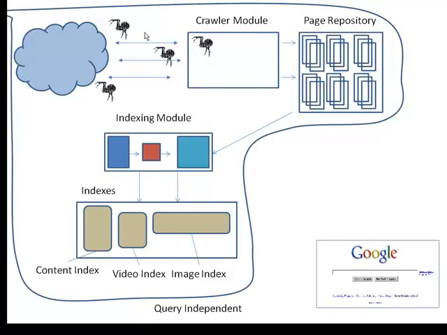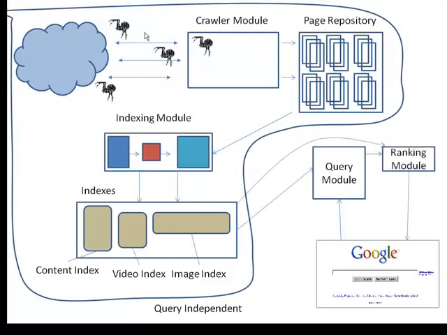So next thing, somebody comes along to a search engine, let's say Google, and they type in a query. What happens then? This query gets sent to a query module, which breaks down the query into a language that the search engine can understand, in other words, machine language.